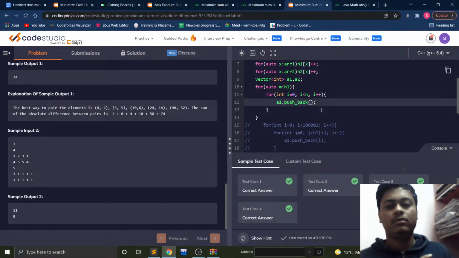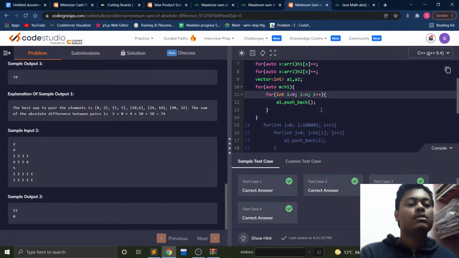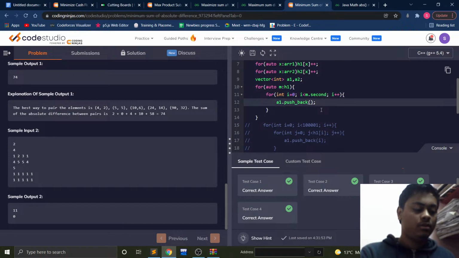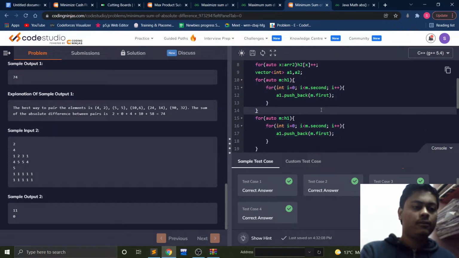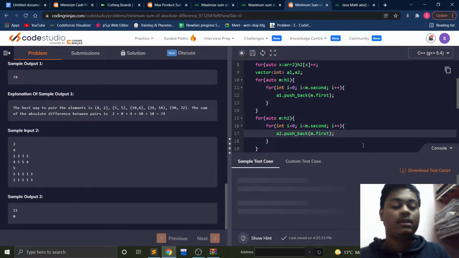What should I push back on A1? I will push back not n times, m dot second times, push back m dot first. Similarly for the other one, right? The question is, will this eliminate TLE?